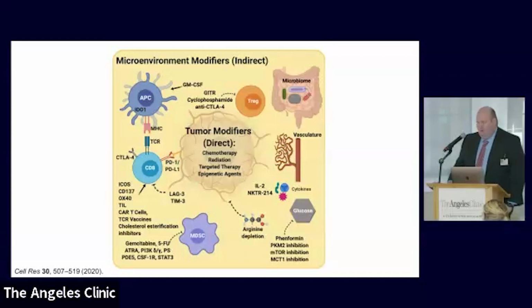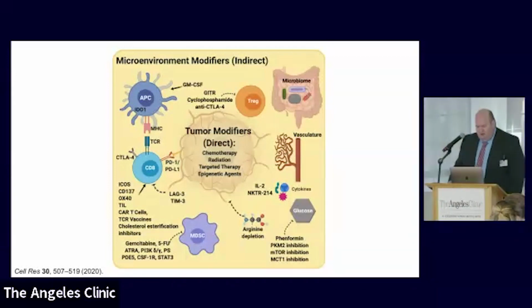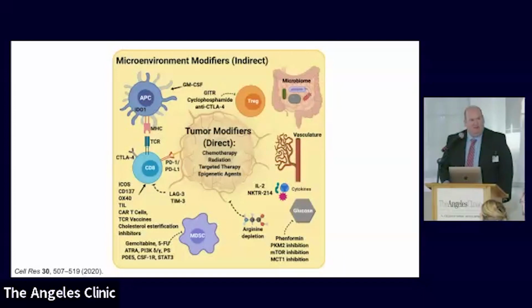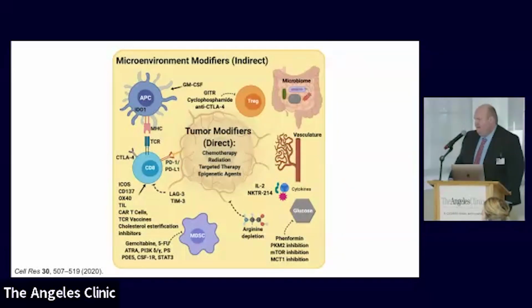Another hot topic is the modification of the gut microbiome, the local vasculature of the immune system, the cytokine milieu, and altering cellular metabolism. It's likely that this complex interplay is not acting in isolation, and all these arms are dependent on one another. We started out with the treatments aimed at PD-1 and CTLA-4, but as we can see, there's lots more potential to target in the cancer environment for melanoma.